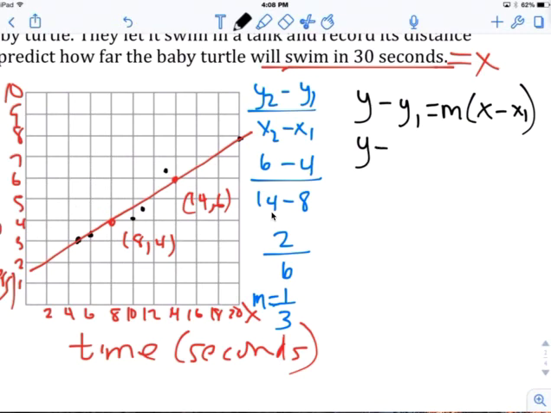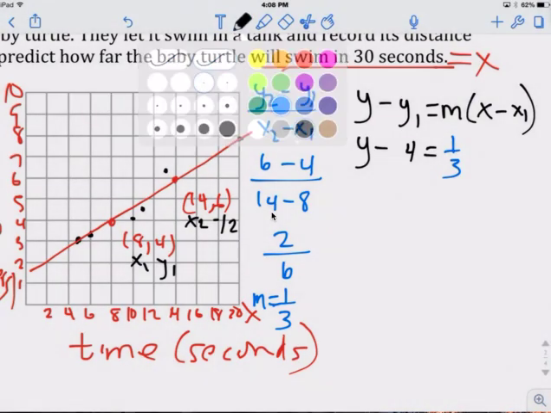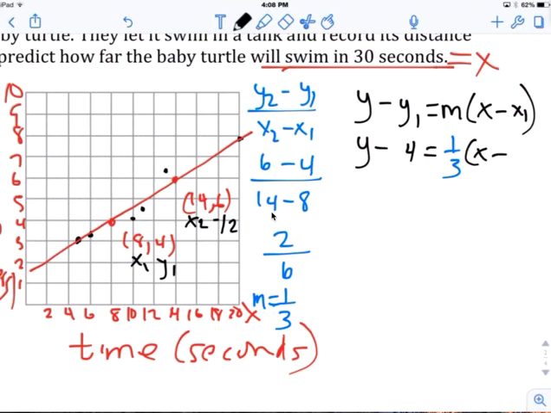y minus y1, x1, y1, that's 4. x2, y2. m is 1 over 3 times x minus x1, which is 8. y minus 4 equals 1/3 x minus 8 over 3, or 2.66666 repeating, I believe. Yeah.